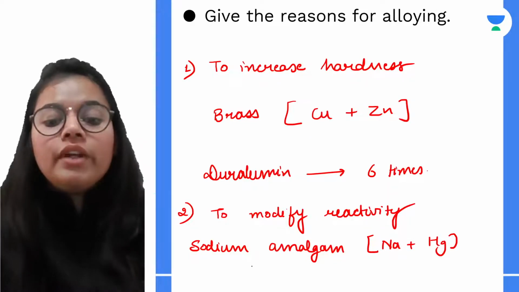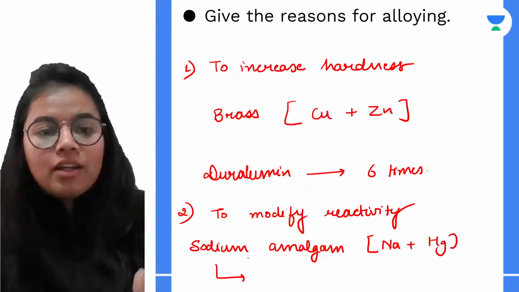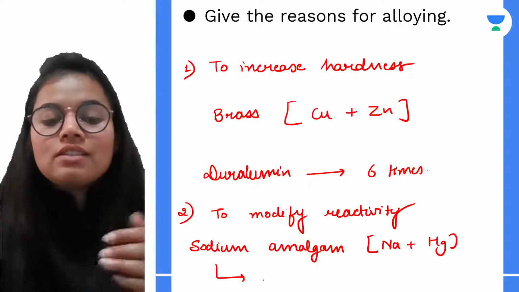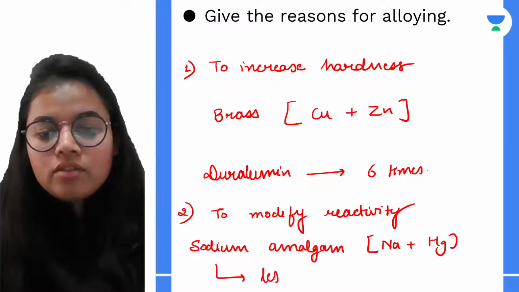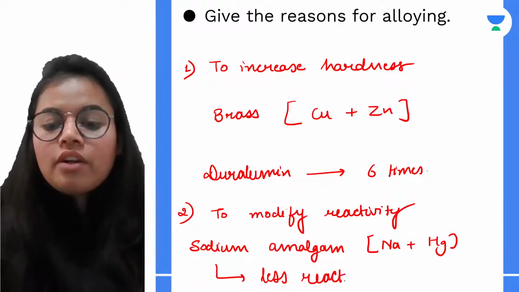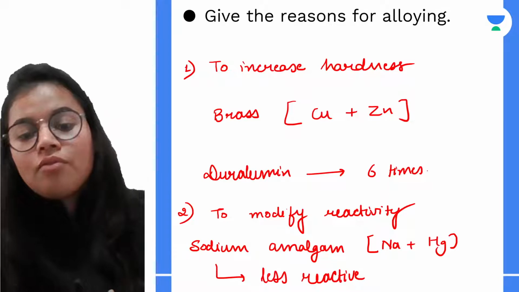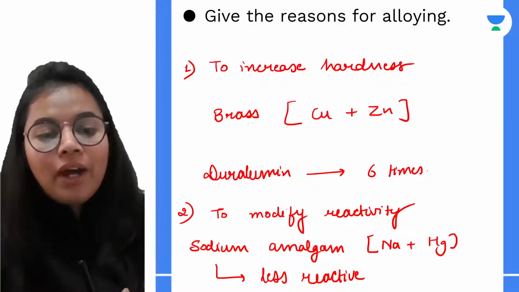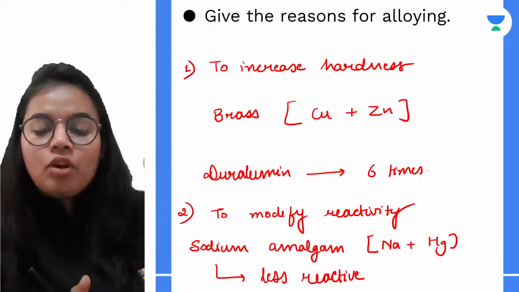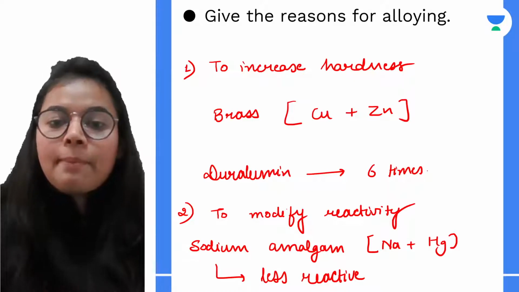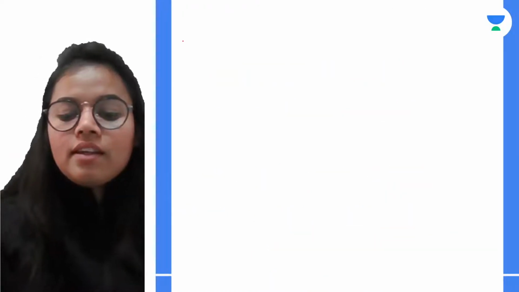So what do we do? We add mercury, making sodium amalgam, and it lowers the reactivity. So for reducing the reactivity of sodium, we mix it with mercury, which makes it sodium amalgam. So what we have done, we have modified the reactivity. Correct?